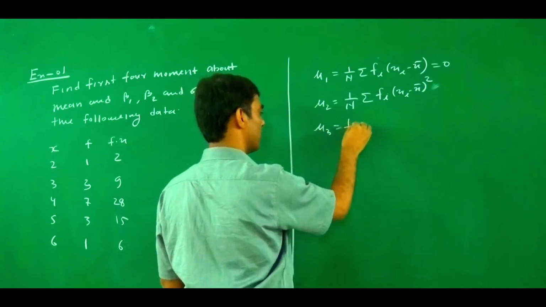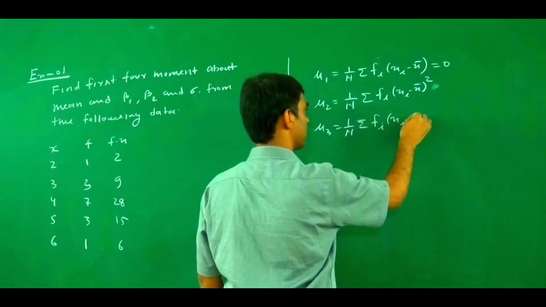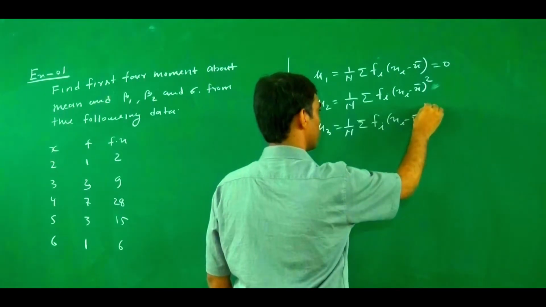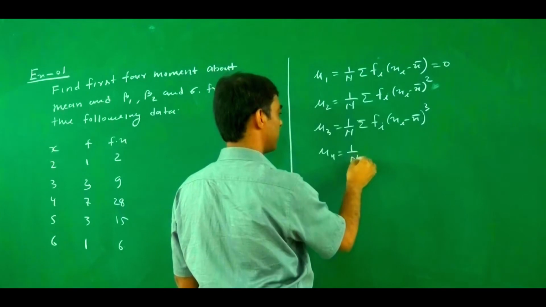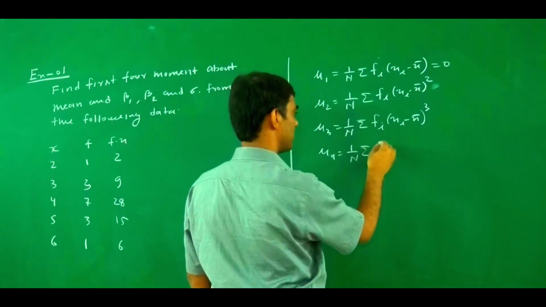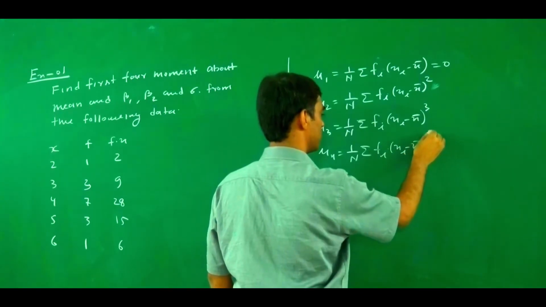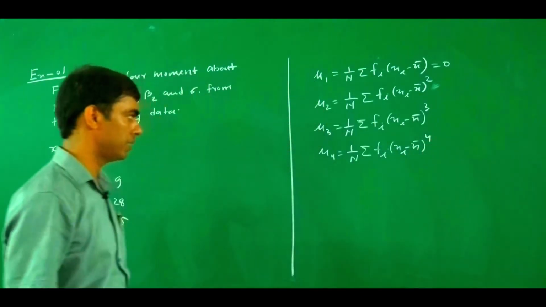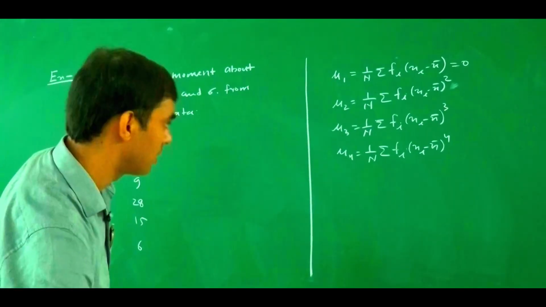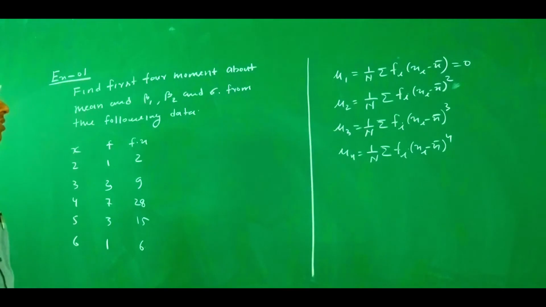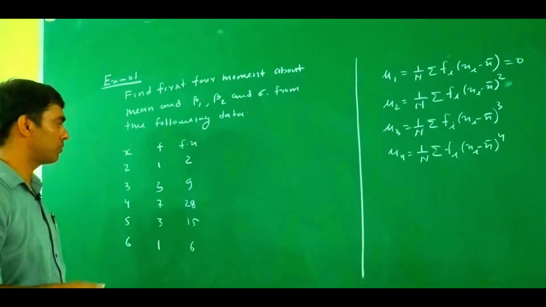Similarly, mu 3 equal to 1 upon n summation of fi xi minus x bar whole cube, and mu 4 equal to 1 upon n summation of fi xi minus x bar to the power 4. So here we need to find xi minus x bar whole square, whole cube, and to the power 4. So first we find the x bar.